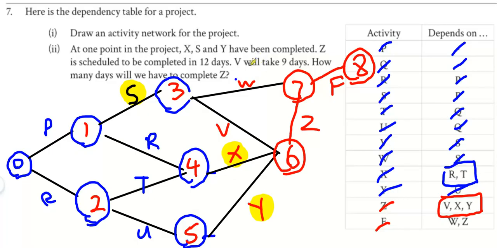Now, Z is scheduled to be completed in 12 days. So Z is the one that we're looking for that will be in 12 days' time. But V will take 9 days. Well, Z can't start till V gets there, can it? So I think you just add the two numbers together and get 21. Oh, wait, it says 3 days. Interesting.